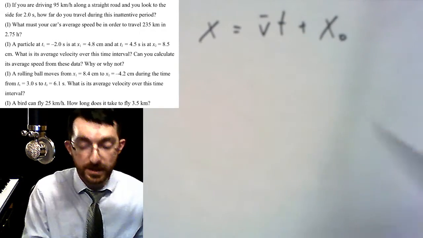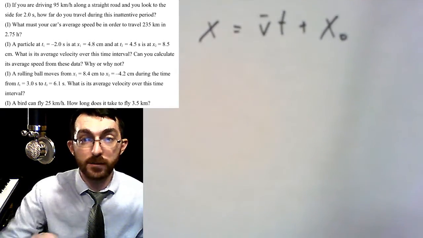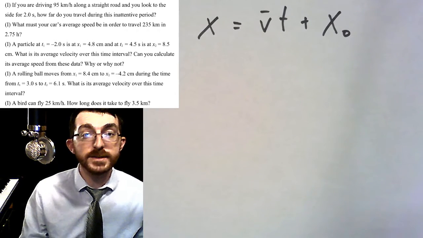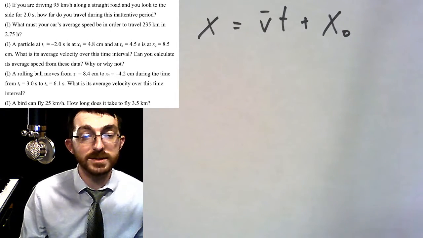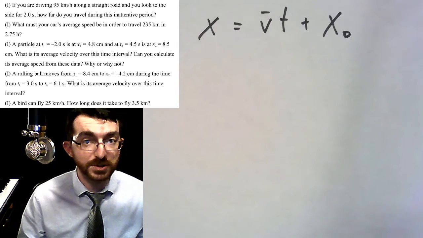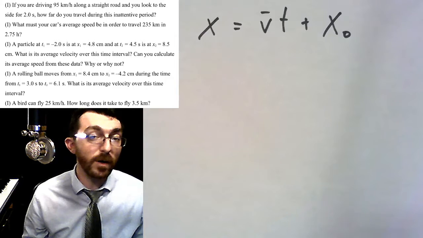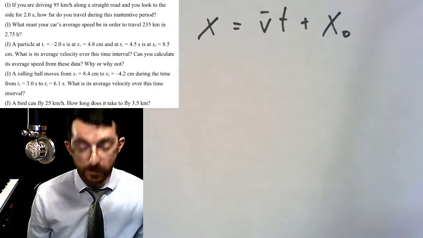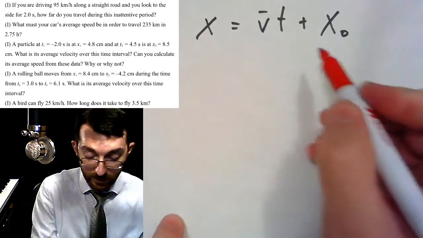the average velocity times the time traveled plus the initial distance. Now, since this question doesn't give you an initial position and ask for a final position, really it's asking for how far you traveled. Maybe this equation would be better thought of like this.